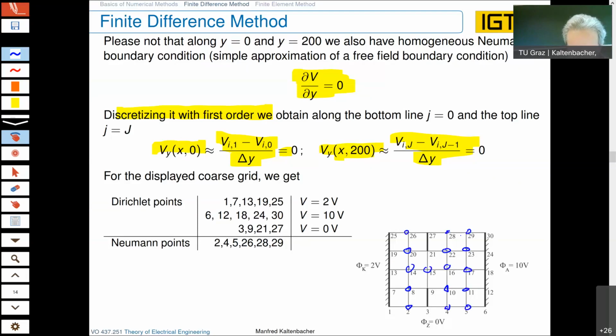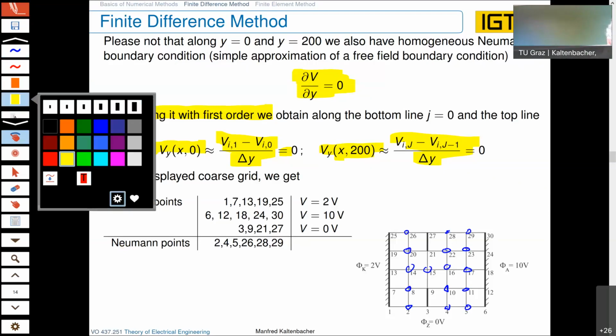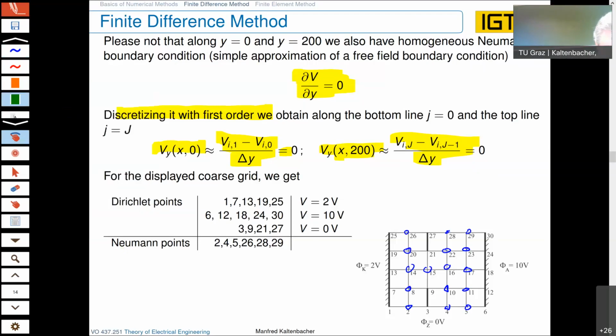And for all the others we know the Dirichlet values, and we also have to plug them in and do this rearrangement of our equation. So again, let's have a look at the Neumann boundary condition. Perhaps we should make it in green.